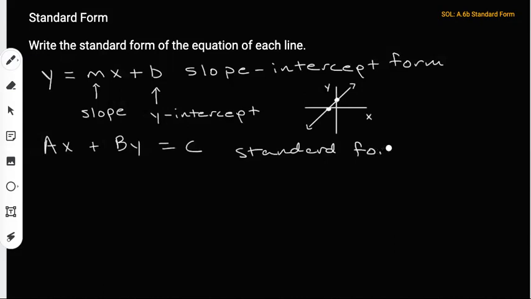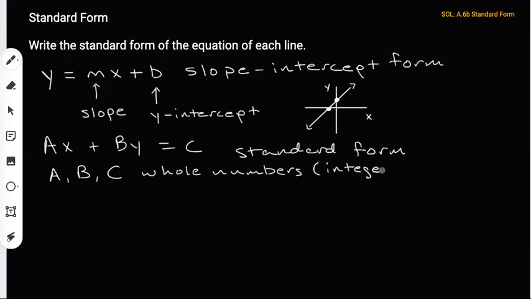It's called standard form. x and y are on the same side, and a, b, and c are going to be whole numbers, also known as integers. A has to be greater than or equal to 0.